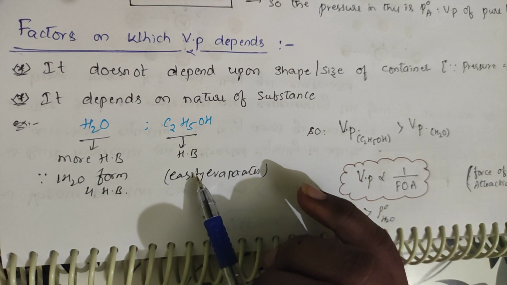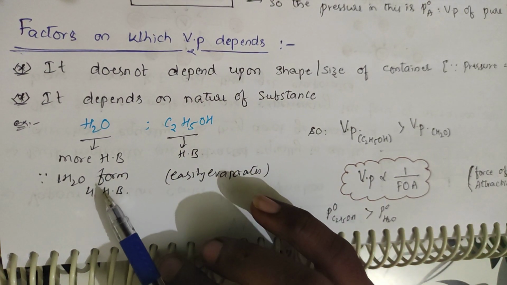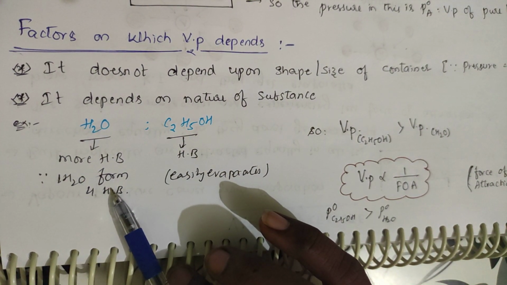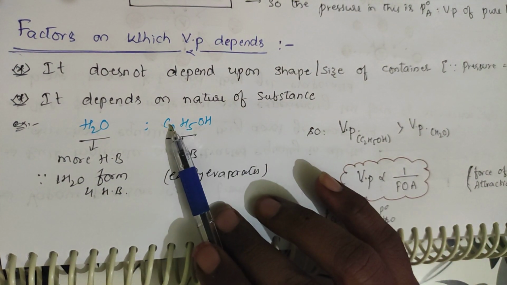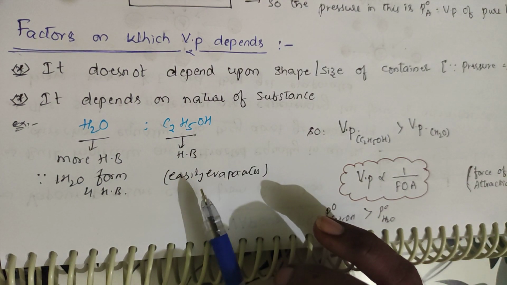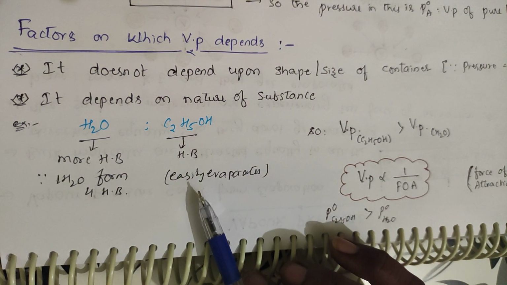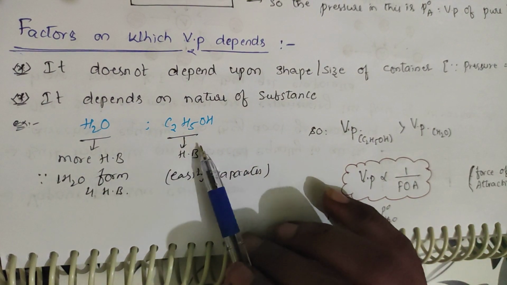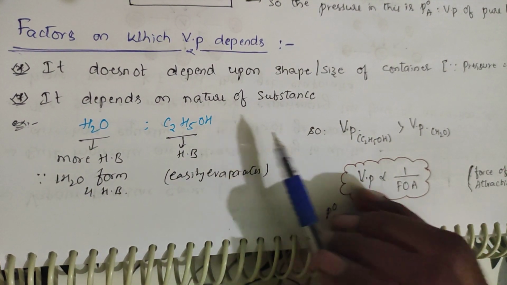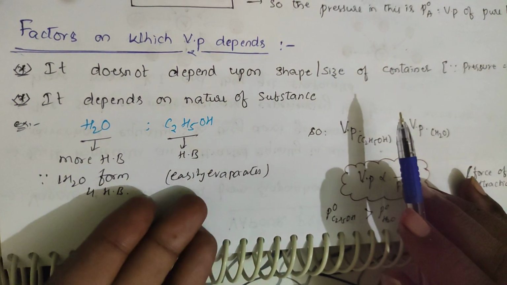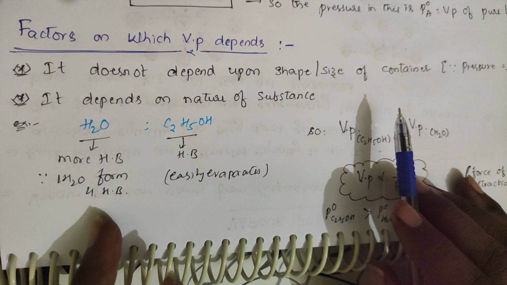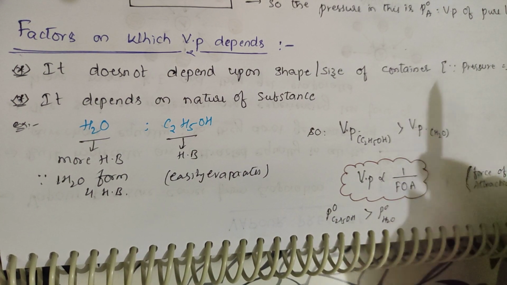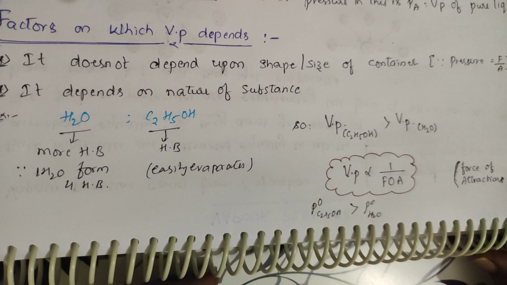Where there are more attractions, the liquid evaporates less; where the force of attraction is less, it evaporates more. Vapor pressure means it should get converted into vapor. Ethyl alcohol gets converted into vapor easily because it has fewer hydrogen bonds. So the vapor pressure of ethyl alcohol will be greater than that of water.